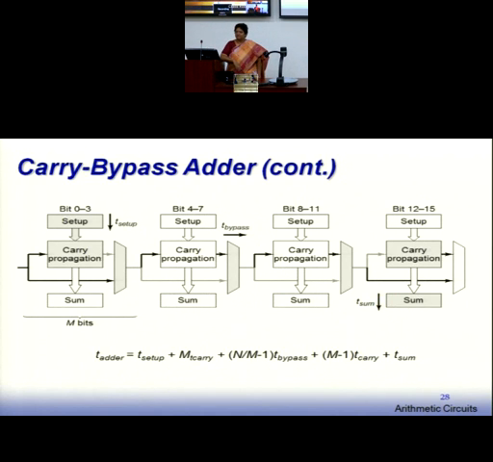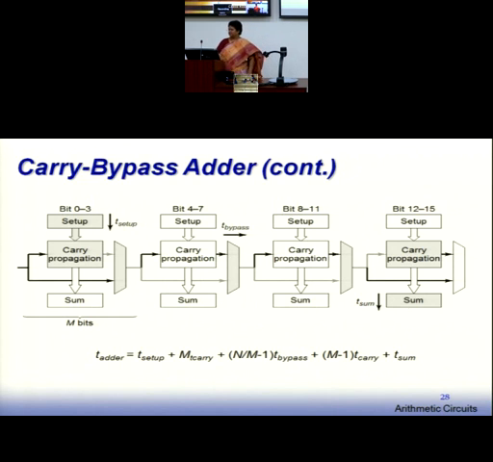T setup means calculation of G and P functions at every bit location. So G0, P0, G1, P1, G2, P2, that is T setup. And then there are N number of bits, and out of it blocks of 4 each. So M is 4. N is the total number of bits, M is the number of bits in each block.